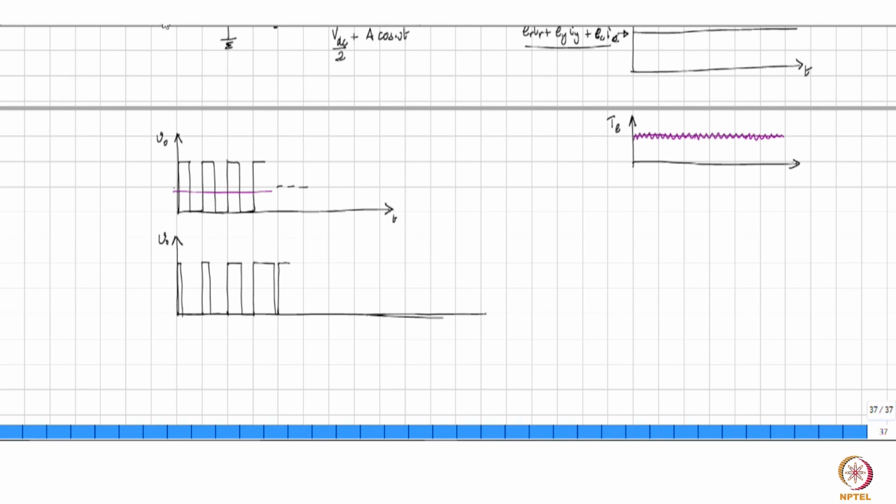The average will be a waveform that increases, goes to some maximum, and then what I do is generate something like this.